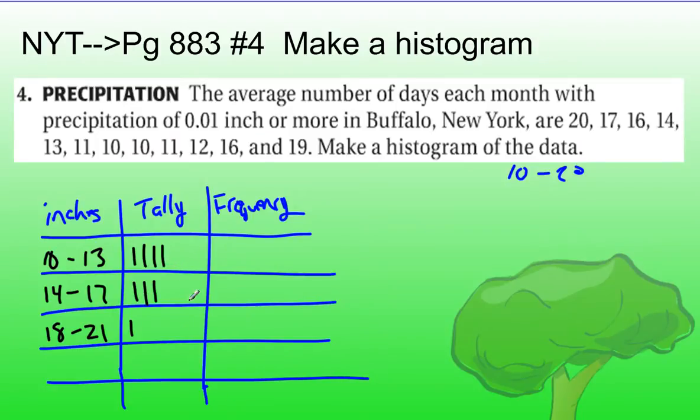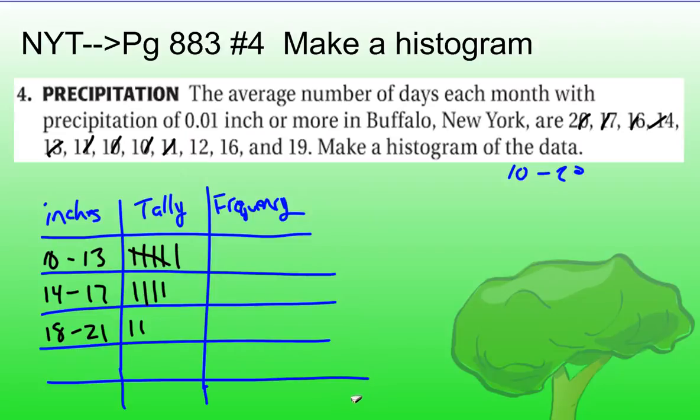When you're doing this, if you get a group of 5, you make a slash like that. That way that's one group of 5. And I think I lost track of where I was. 1, 2, 3, 4, 5, 6, 7, 8, 9. Alright. 12, 16, 19.